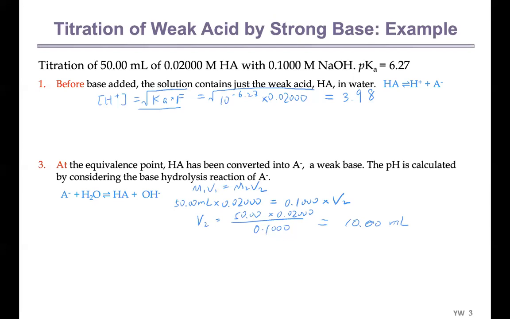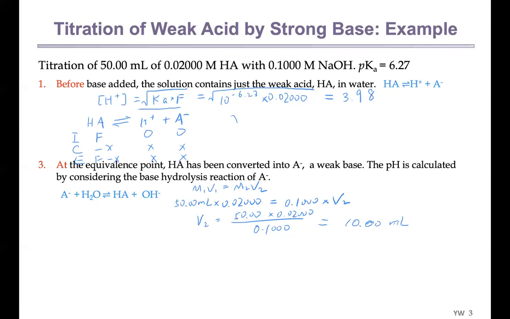Oh, this formula, this is from the ICE. Remember when we did the calculation, the initial is F, 0, 0. Change is minus x, x, x. E is F minus x, x, x.